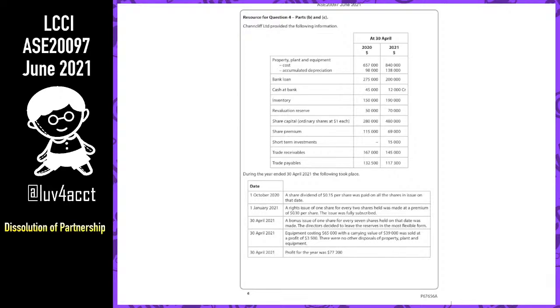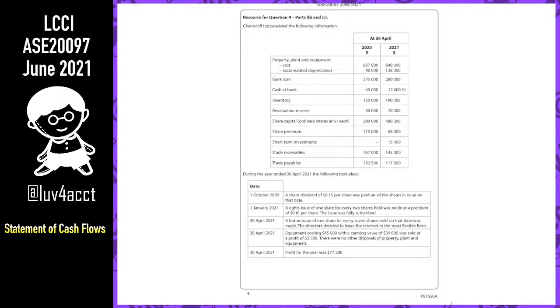Okay, so let us go back. This time it is statement of cash flows. Let me change the question detail first. Statement of cash flows.